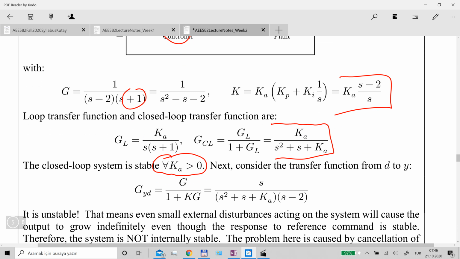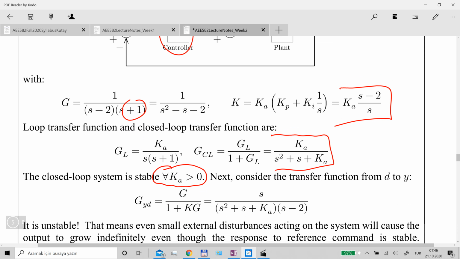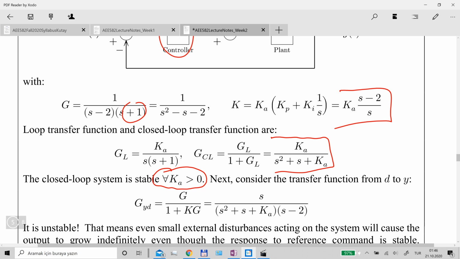But now let's take a look at this particular transfer function, the transfer function from the disturbance input to the system output.